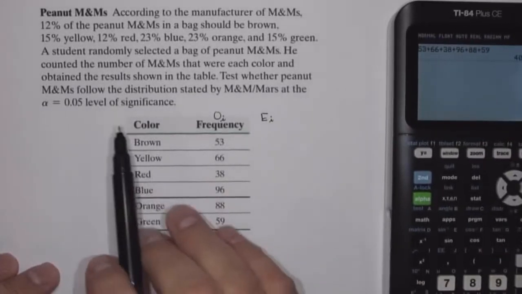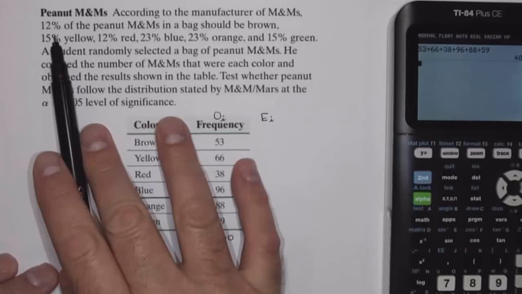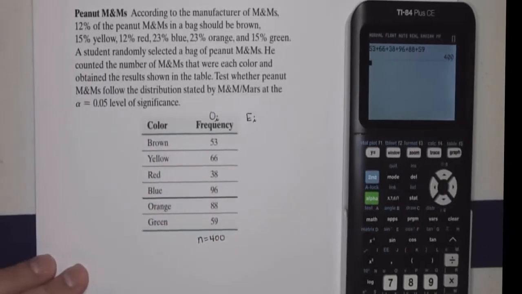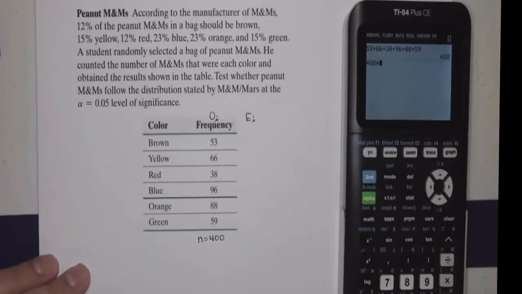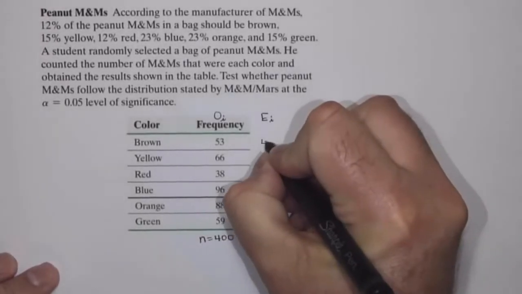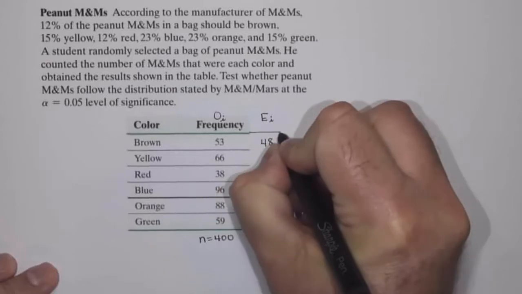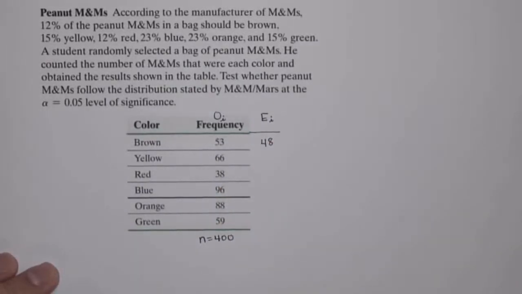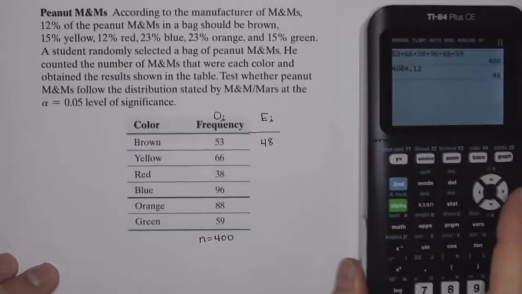Now again, brown, according to our problem statement, we're supposed to have 12% brown. So if I take 400 times 0.12, that is equal to 48. I would have expected 48 of the 400 M&Ms to be brown based on the fact that it's supposed to be 12% brown.